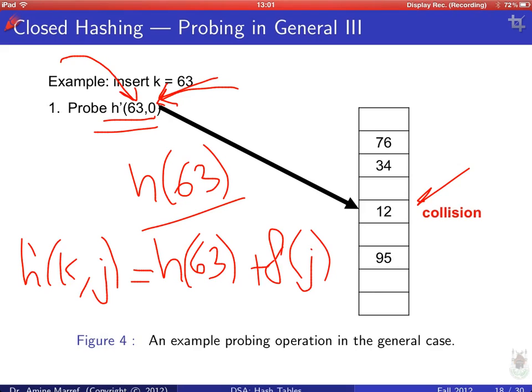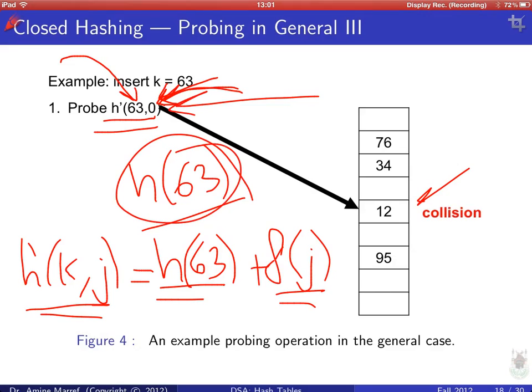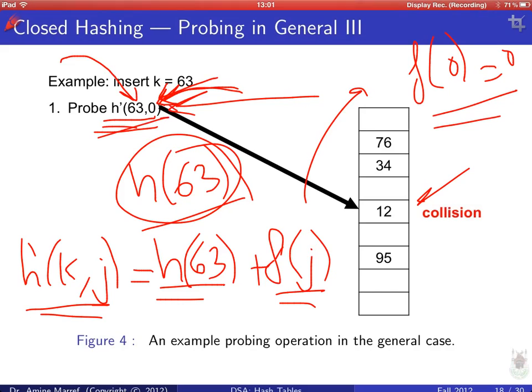Now, we have talked about how we insert. Now, how do we look up an element in the closed hash table? We are also going to follow the probing sequence. In order to look up an element, we ask the hash function to send us to the slot in the hash table, basically the index where the item was inserted.